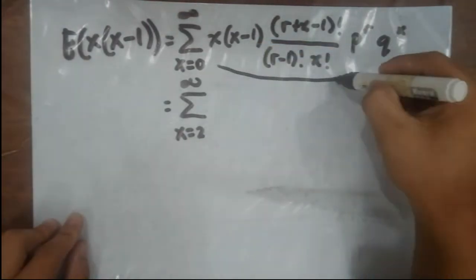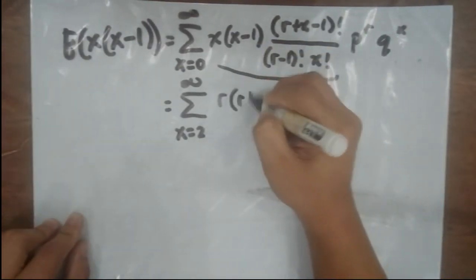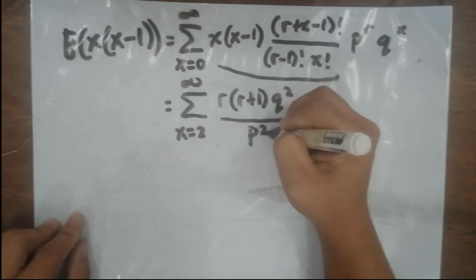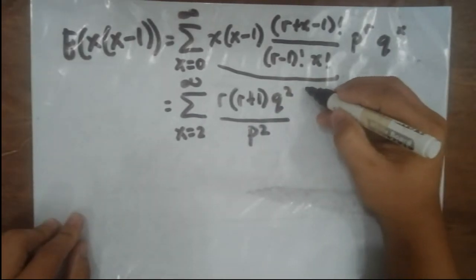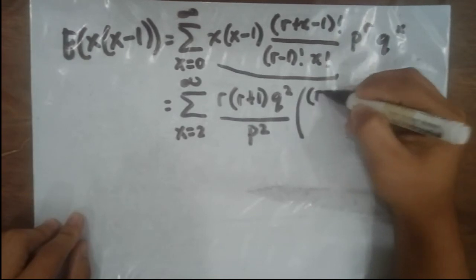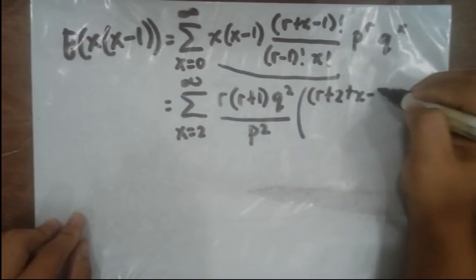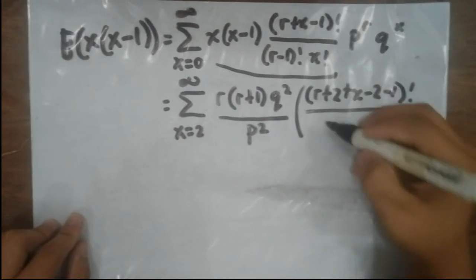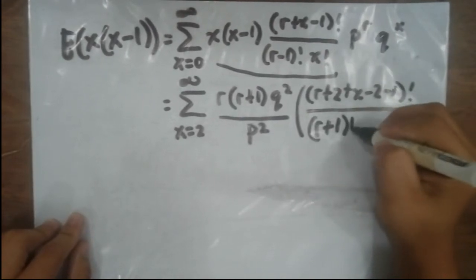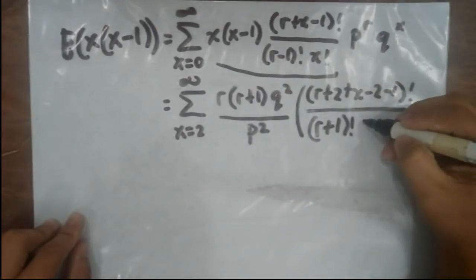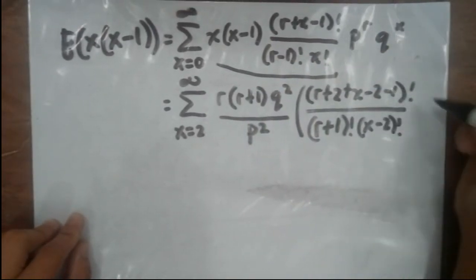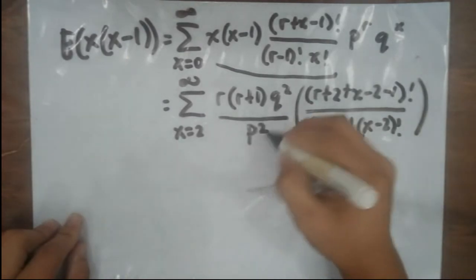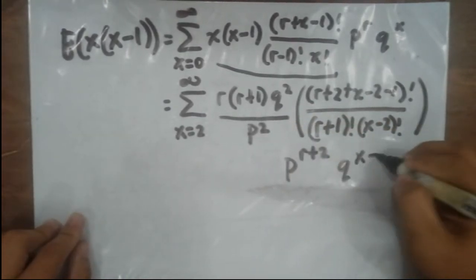Then we know that this is equal to r times r plus 1, q squared over p squared, times r plus 2 plus x minus 2 minus 1, we add 0 here, over r plus 1 factorial because of this, times x minus 2 factorial, times p raised to r plus 2 since of this, times q raised to x minus 2.